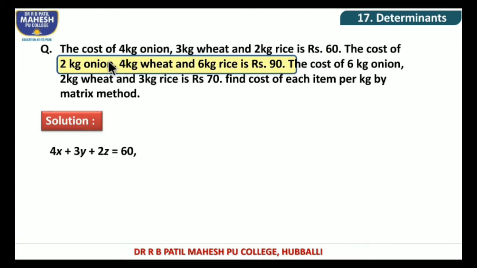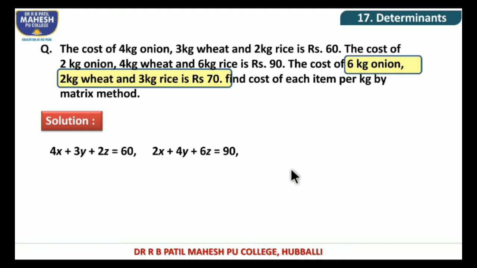And according to the second statement, we have to write 2x plus 4y plus 6z is equal to 90. Then we have 6x plus 2y plus 3z is equal to 70. So this is the mathematical form of this given problem.